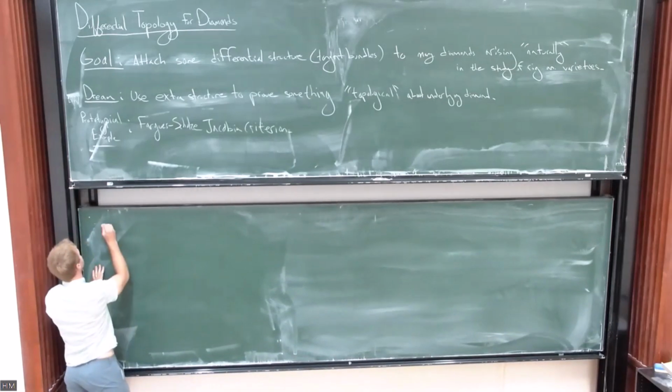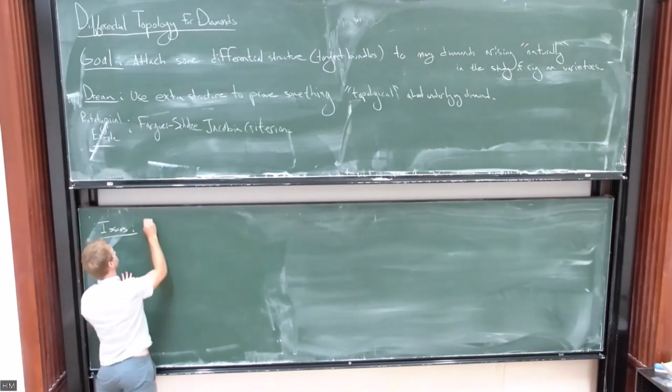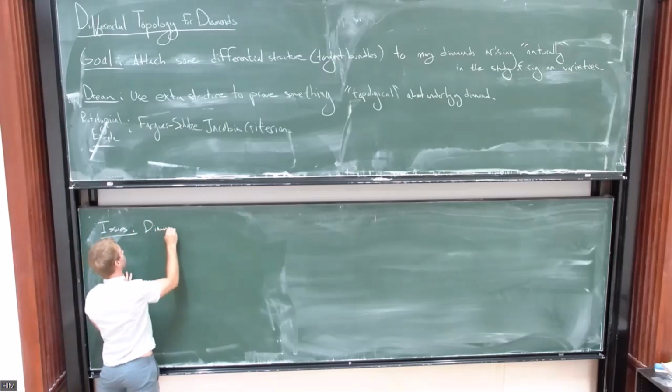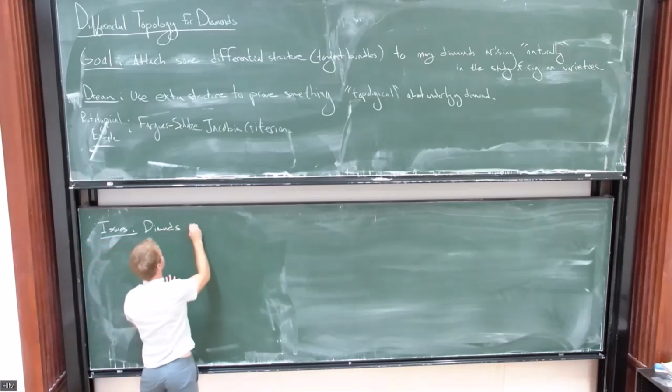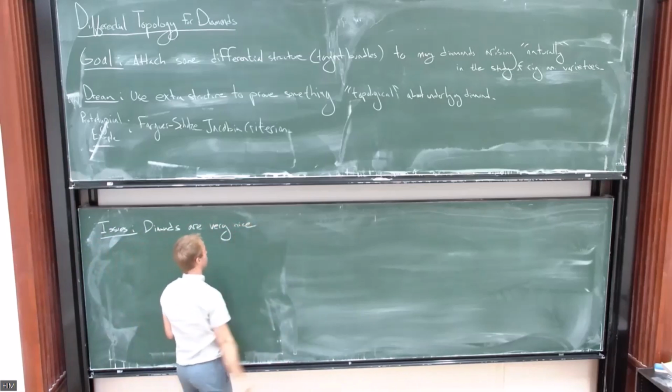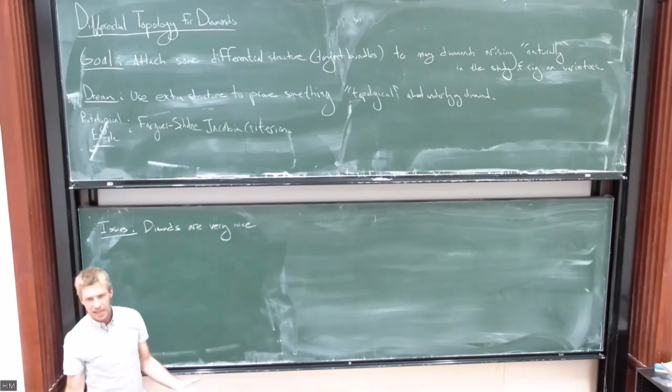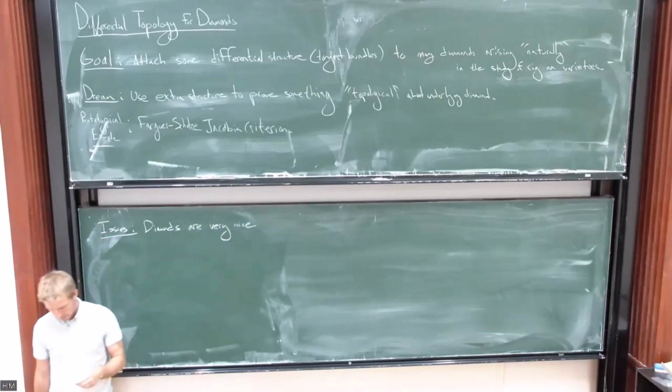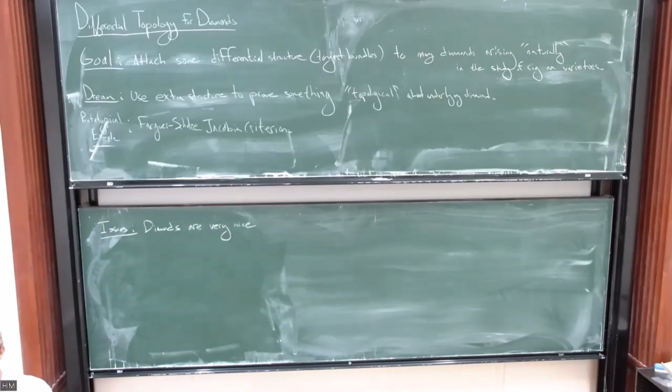So here's one of the key issues. The first thing is not an issue: diamonds are very, very nice in the sense that they're stable under all sorts of operations. If you want to do math with rigid analytic varieties, you're just studying rigid analytic varieties, you can do natural things that very quickly leave the world of rigid analytic varieties.